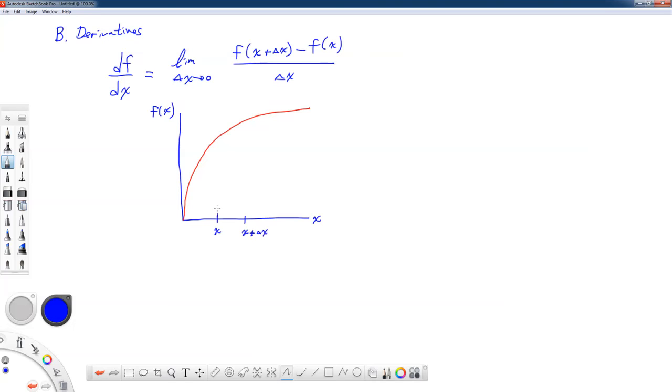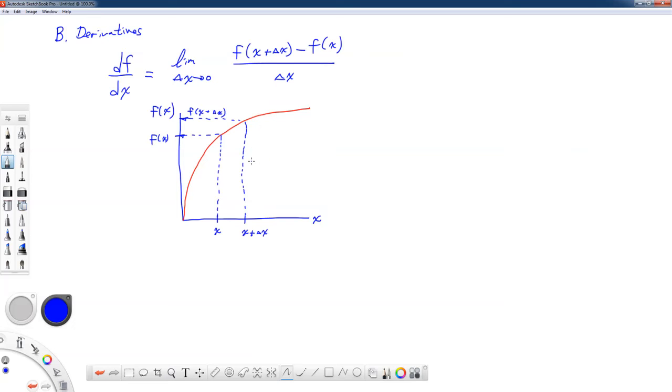And I can evaluate that function at position x. That would be the function evaluated at that particular position x. And I can do the same thing for position x plus delta x. And then that would be the value of f of x plus delta x.